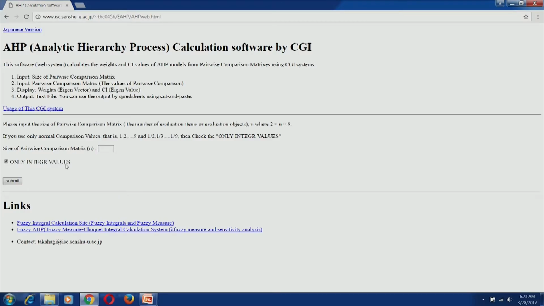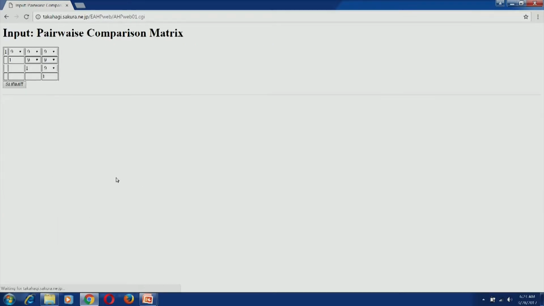After that you write here what the size of the matrix is. You can have 3 by 3, 4 by 4 or whatever it is. Let us say the size of the matrix is 4 by 4. Once you write the size, submit it.